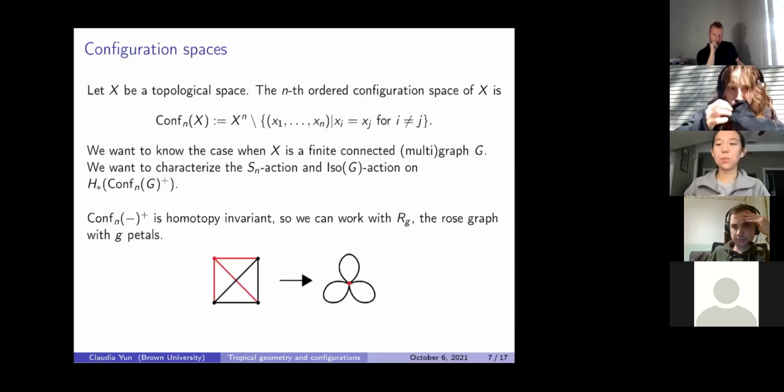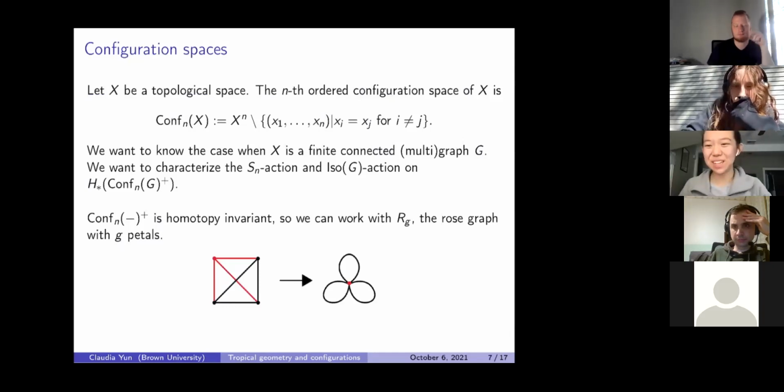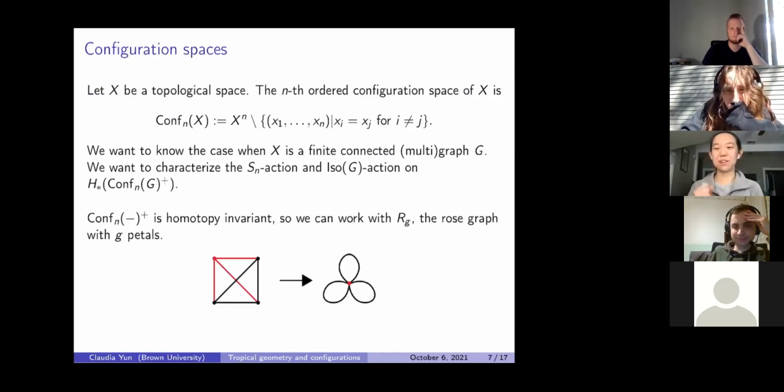And so now that we are on board, hopefully, with the idea that configuration spaces are relevant, I'm going to tell you a little bit more about how we compute the homology of these configuration spaces, as well as the S_n action on it and the action of the isometry of the graph.